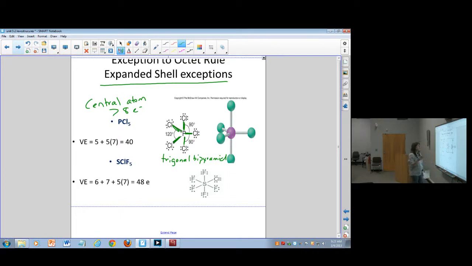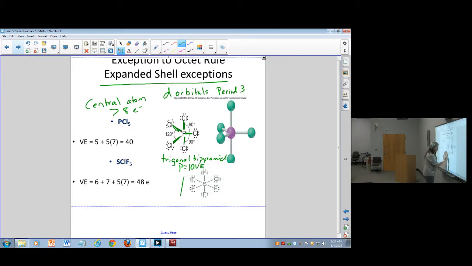So phosphorus has 10 valence electrons on it, which is obviously not 8, but because there are d orbitals. This can happen because after period 3 and beyond, you can use d orbitals, so you can expand into other shells, and that allows you to have phosphorus with 10 valence electrons around it.